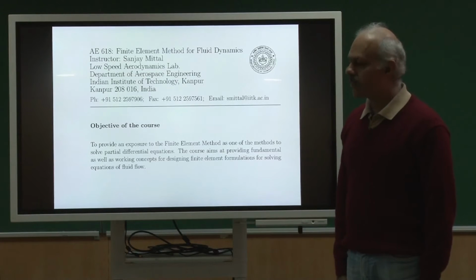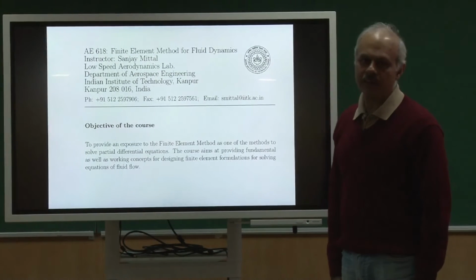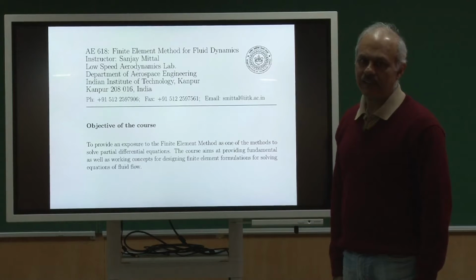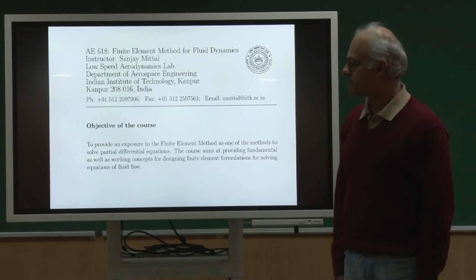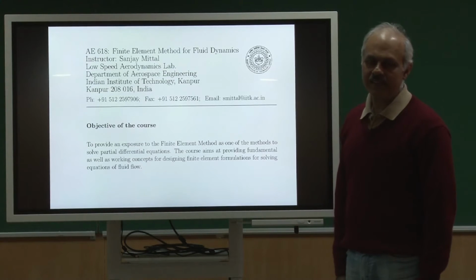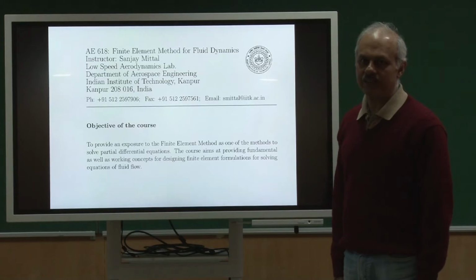So in this course we are going to be looking at ways of modeling those phenomena as well as how to solve those partial differential equations to be able to understand them. Now obviously when you are interested in a numerical solution, some kind of an approximation will be involved. So there will be an error between what the exact solution is and what you would predict numerically.